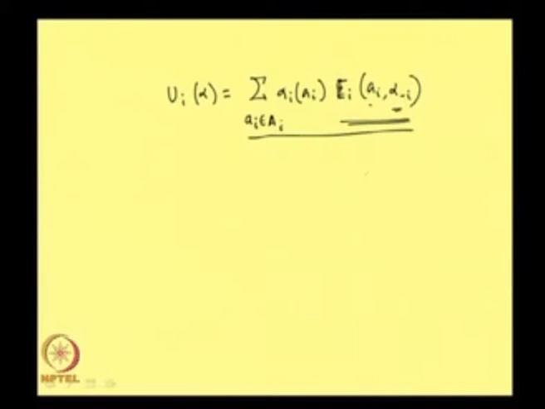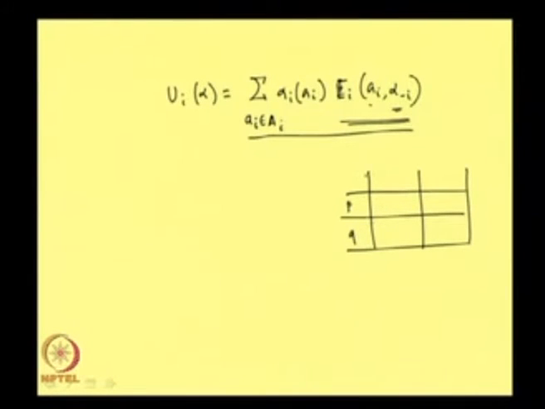To make the idea more clear, remember what we did in one of the previous classes. Suppose this is P and this is Q, and these are the probabilities 1 minus P and 1 minus Q. This is the mixed strategy of player 1 and this is the mixed strategy of player 2.